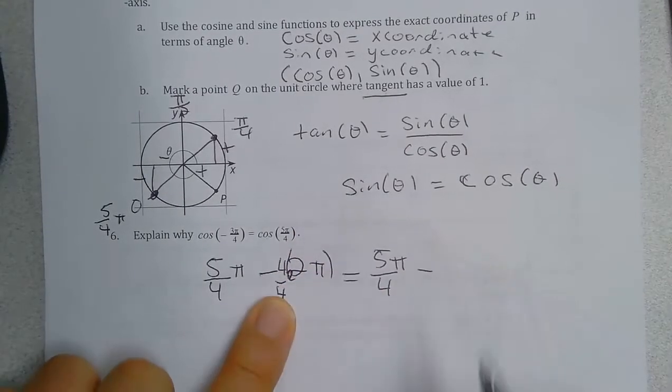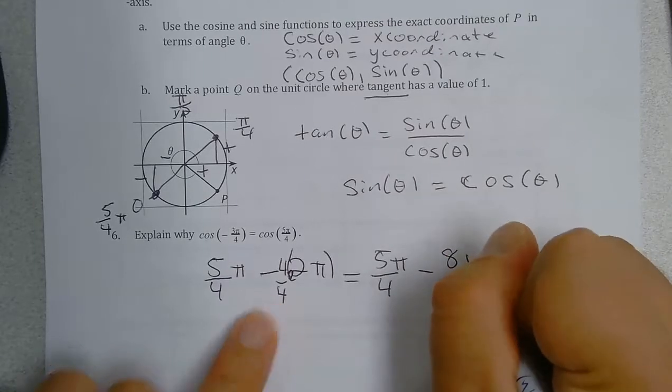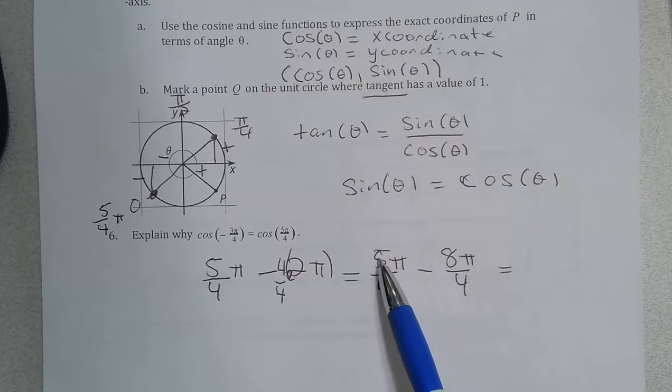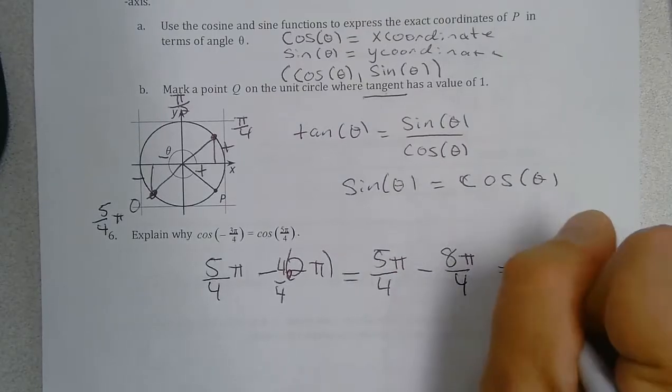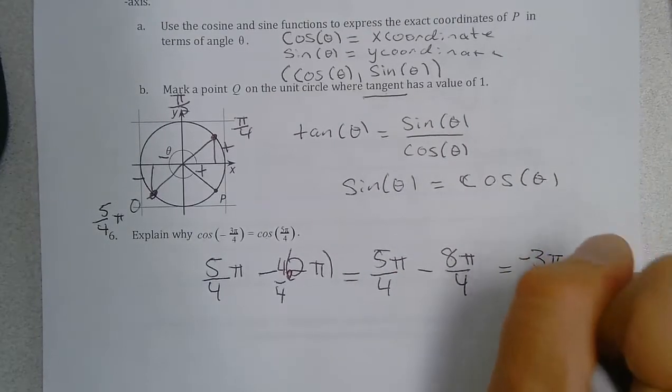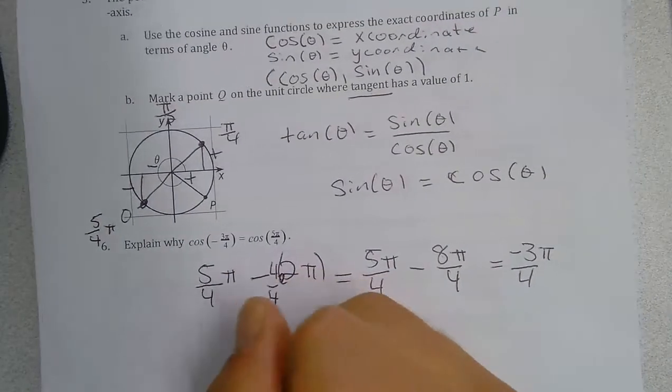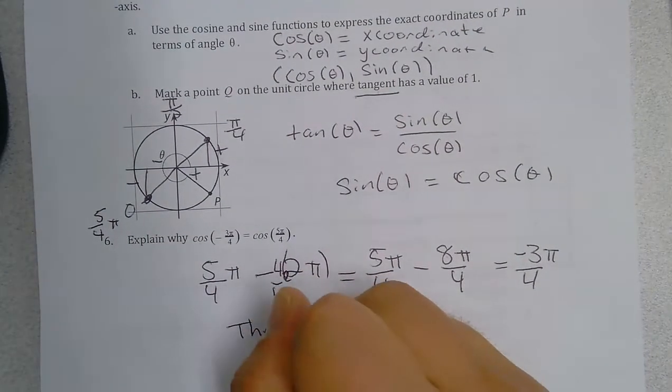So this would be minus 8 pi over 4. Then you subtract in the numerators. 5 minus 8 would be negative 3 pi over 4. So you can just put here, they rotate to the same point.